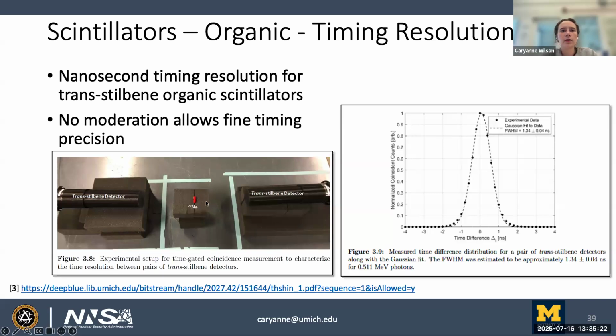But if you put a sodium-22 source between two detectors, you can detect one 511 keV photon in this one and one 511 keV photon in this detector. And those are emitted simultaneously from the positron annihilation. And then you can apply a Gaussian fit to understand the timing resolution. And you can just get a very good idea of when this event actually occurred.